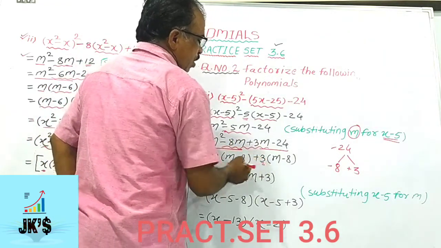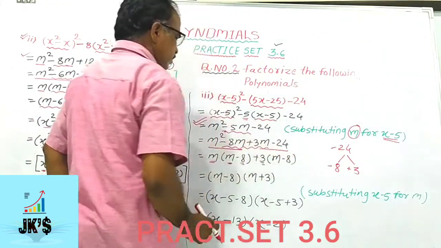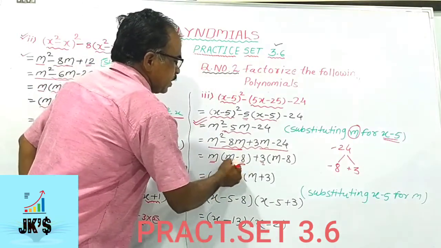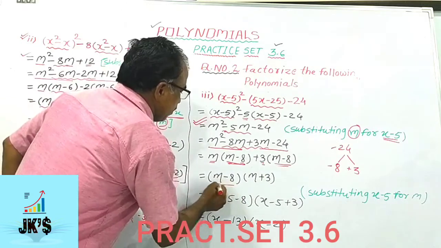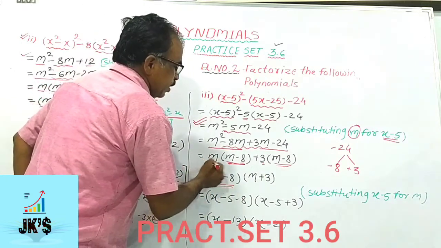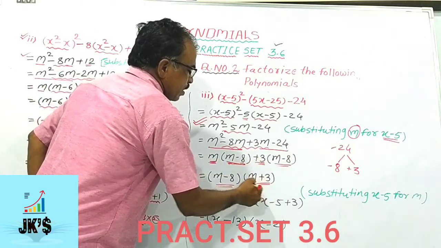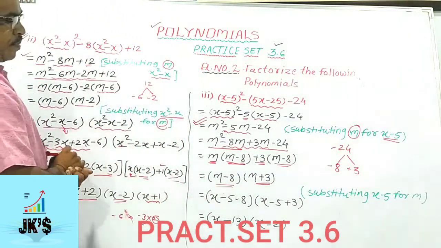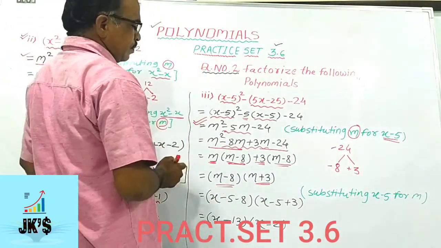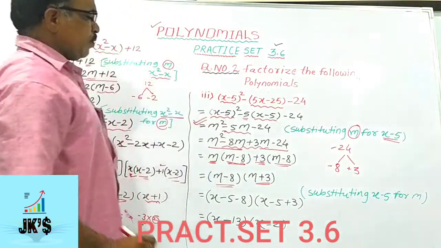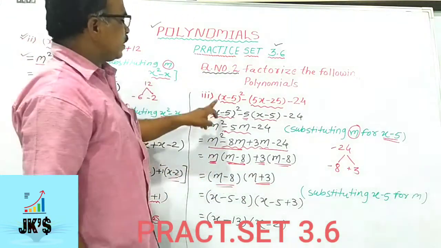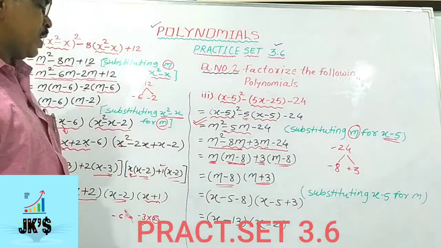Plus 3 is taken common. m − 8, m − 8. m − 8 is taken common, and in the other bracket, m + 3. But friends, these are the factors of this one, but we want the factors in the variable x.